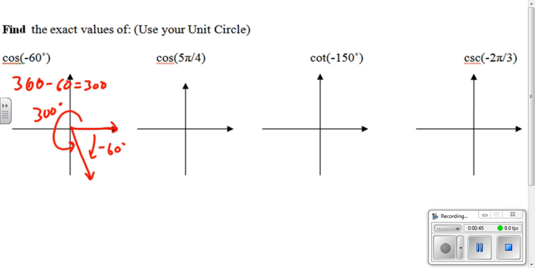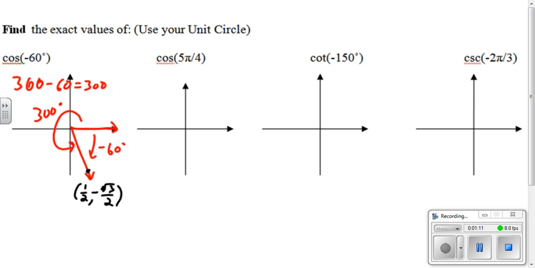Now using our unit circle, we can find that at 300 or our negative 60 degrees, the coordinate point is going to be 1/2, negative root 3 over 2. So this is our coordinate point.